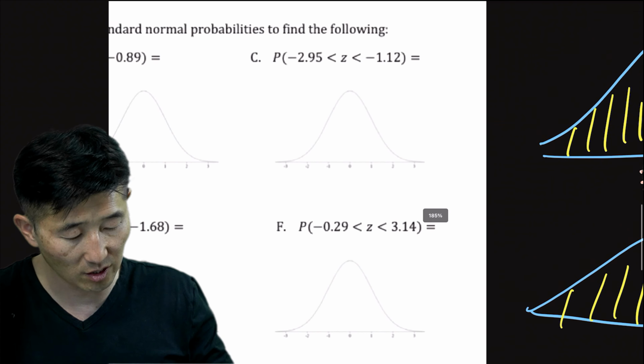So now if I graph this, 0.29 will be right about here, and 3.14 will be somewhere here. And I want the area right about what? In the middle. Yeah. So I'm going to take everything here, which is 0.9992, subtract this portion, which is only what?